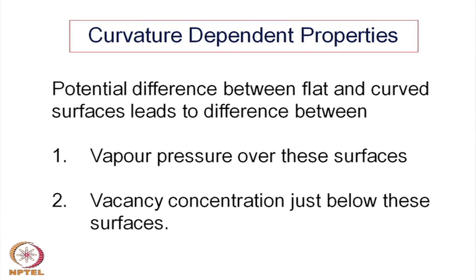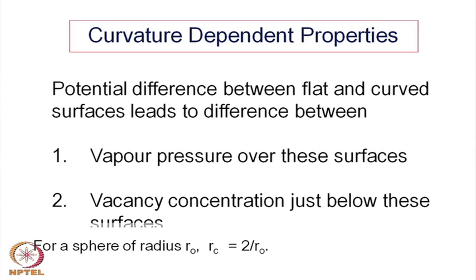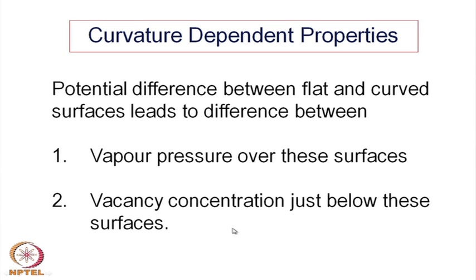So, these are the two most important observations from the earlier consideration, that is the Gibbs Thompson equation and the consequent chemical potential. Because there is a chemical potential difference between the curved and the flat surface, consequently there will be a vapor pressure difference and also a vacancy concentration difference.